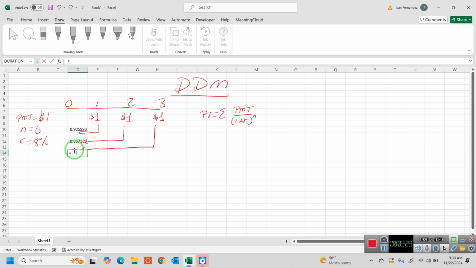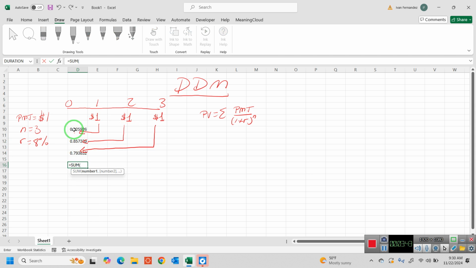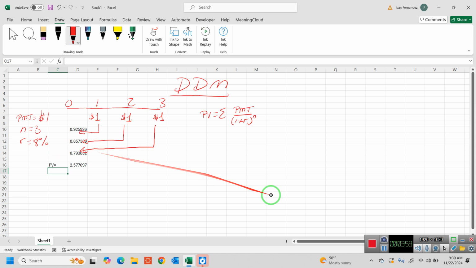And finally, the last one is going to be 1 divided by 1.08 to the third power. Now I have the present value of each of those payments. So the sum of all three equals the present value of $1 per year for the next 3 years when the interest rate is 8%. Very basic stuff. This is what you've done before.